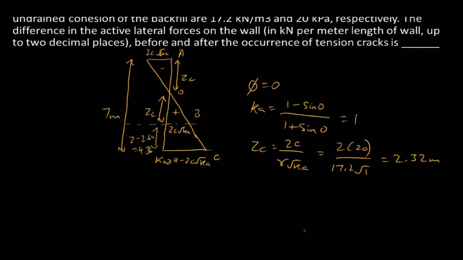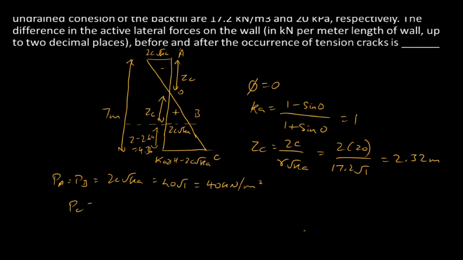Okay, so active earth pressure at PA, which is equal to PB, is nothing but 2C root Ka, which is 40 root 1, that is 40 kilonewton per meter square. Okay.